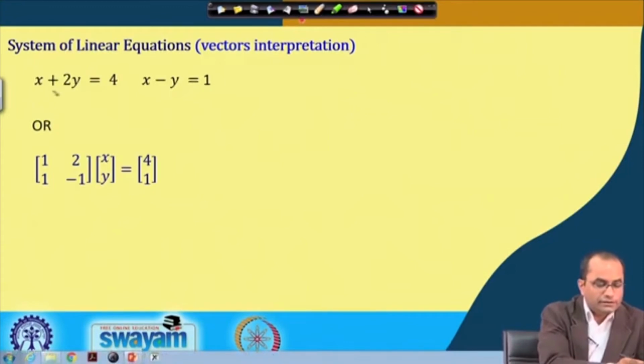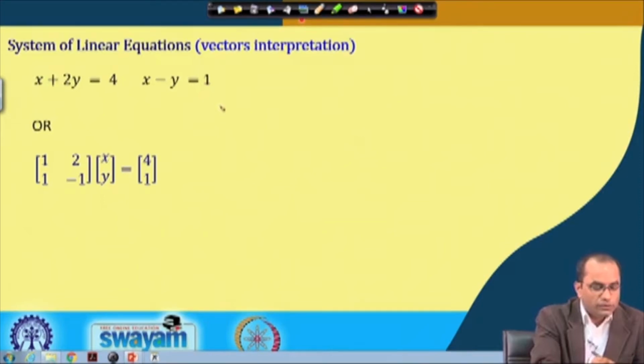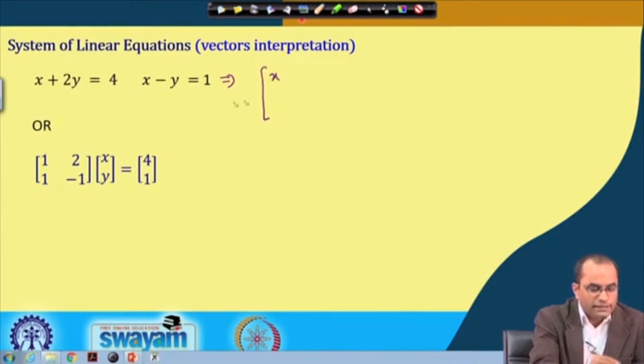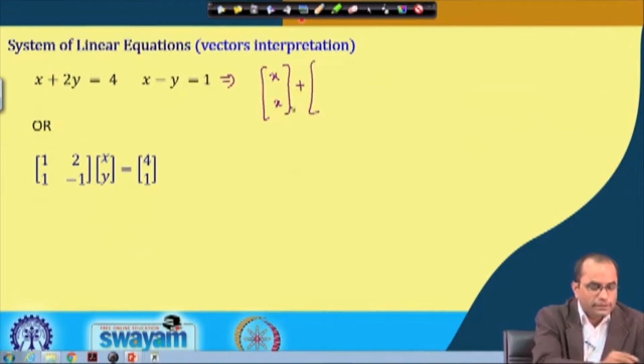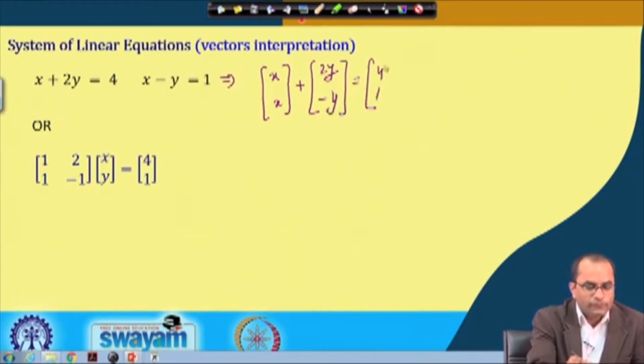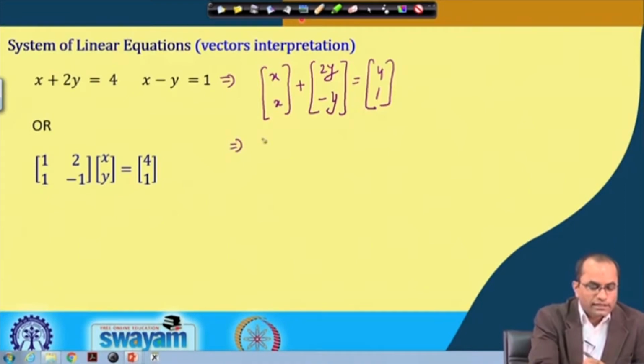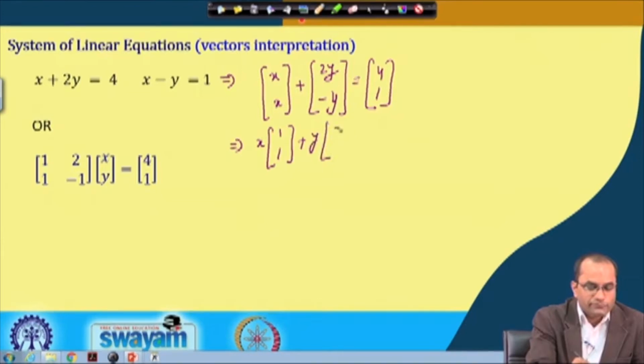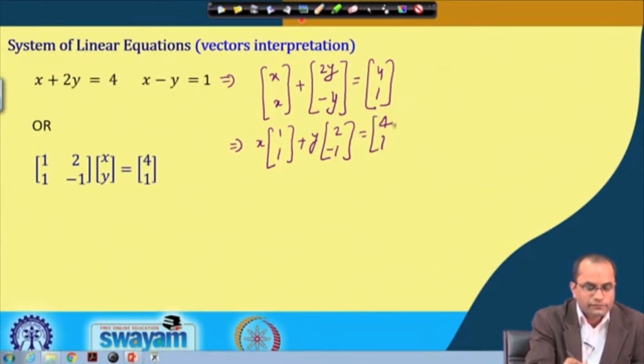If I consider the first equation, x plus 2y, and the second equation, x minus y, we can write the system with the first vector taking the x terms, and in the second vector the y terms: 2y and minus y, and then the right hand side is 4 and 1. Or we can write this as x times the vector 1, 1 plus y times the vector 2, minus 1 is equal to the vector 4, 1.